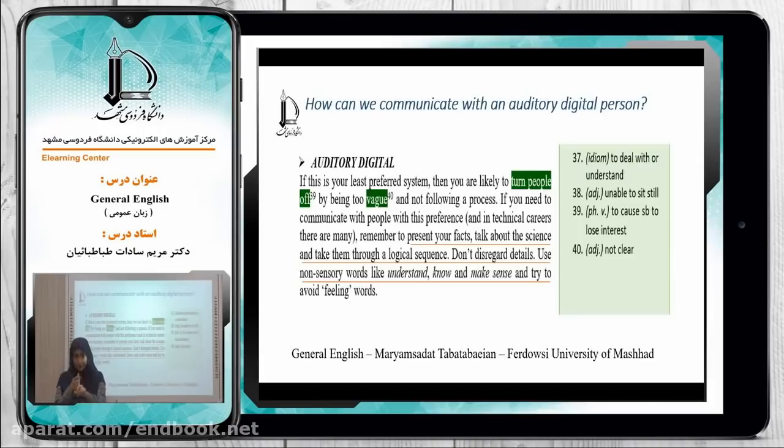So, present facts, talk science, tell them about the facts that you know, not your opinions, scientific things. Also, do not use words of feeling like I feel, I see, I hear. No. Just use words like understand that have to do with thinking and the brain.